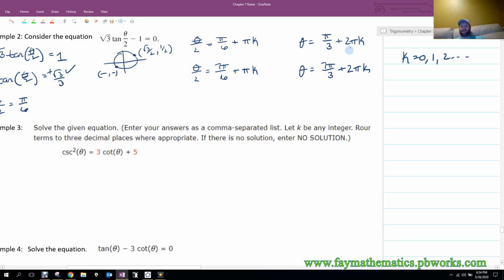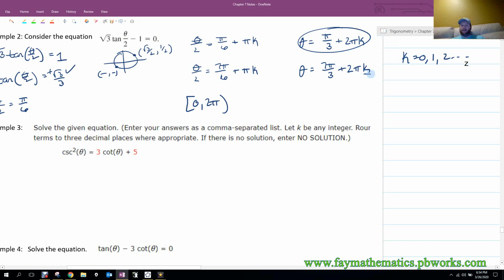This isn't as easy as the last one to determine where I stop with our k's. You're going to have to pay attention to what WebAssign tells you. If they say between 0 and 2 pi, well, if k is 0, then that will give me pi over 3, so that'll be a solution.